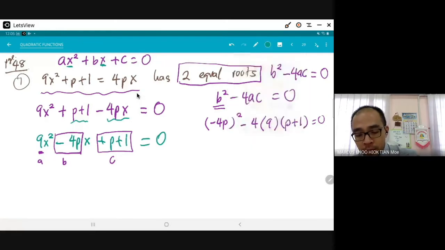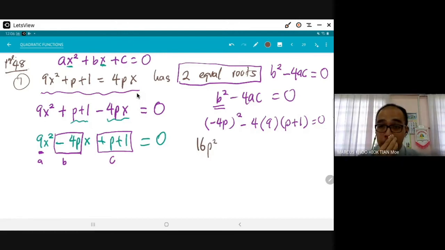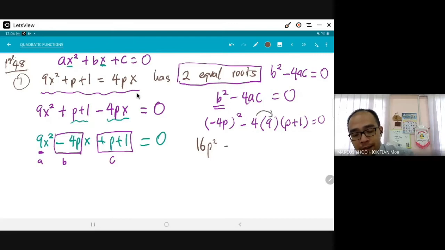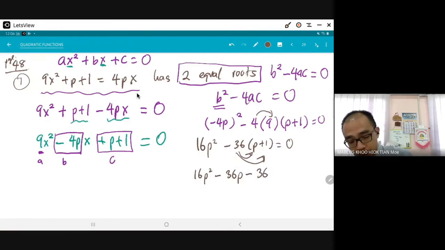Negative 4P squared is 16P squared. Okay, kalau kau tekan di calculator, you get 16P squared. Okay, negative 4 times 9 is minus 36. Saya kasih biar ni P plus 1 begini dululah. Okay, then bila saya darab masuk, I will get 16P squared minus 36P minus 36 equals to 0.